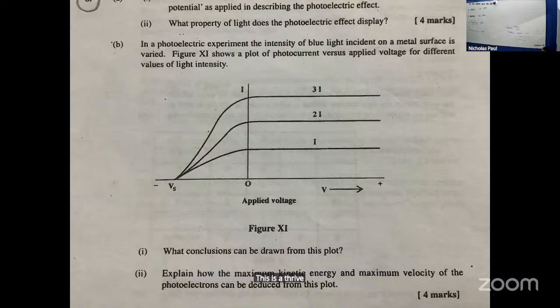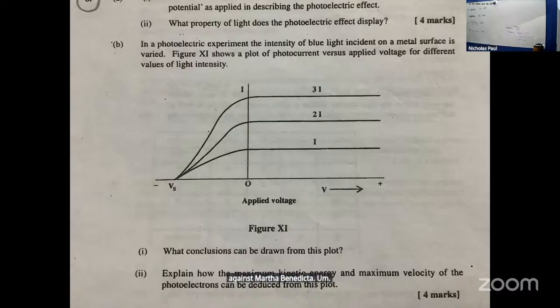As I increases, the photocurrent increases. Anything else? What does this straight horizontal line here say? Go ahead. So once the voltage crosses zero, current is independent of the potential. Very good.